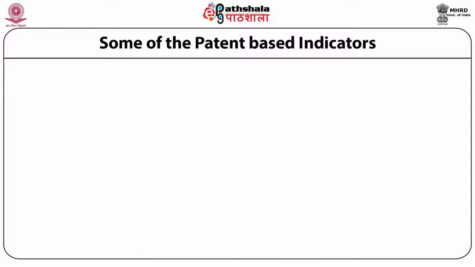Now we are talking of patent based indicators. There is continuous research to construct indicators, and some of the indicators, because of their utility, have become very important. Those indicators I am highlighting.